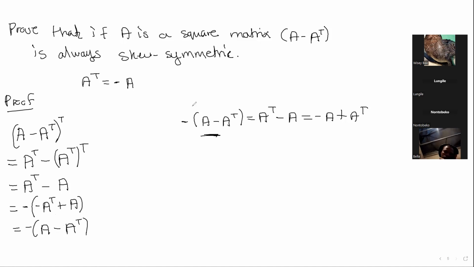Imagine this whole thing being some letter, B. That means BT in this case is minus B. So yeah, I think we're done with symmetric matrices.